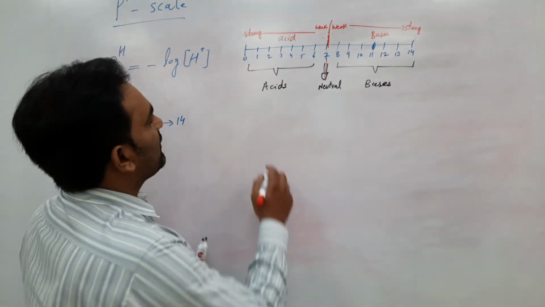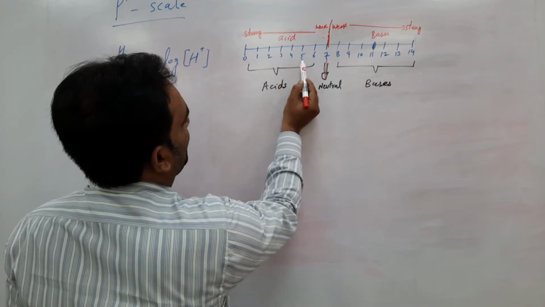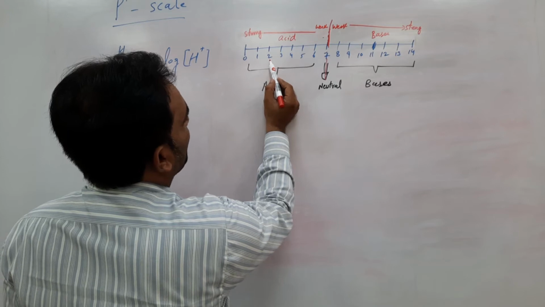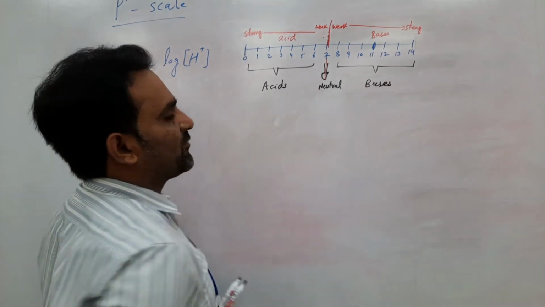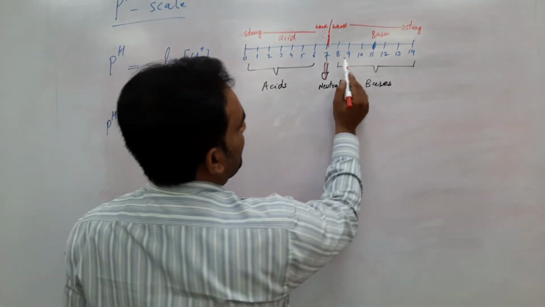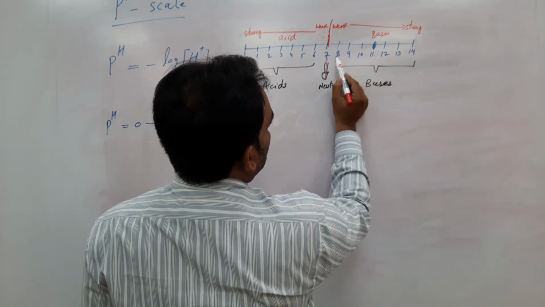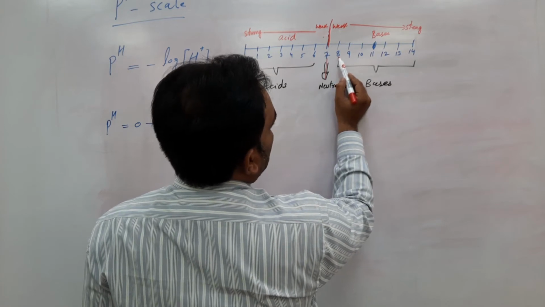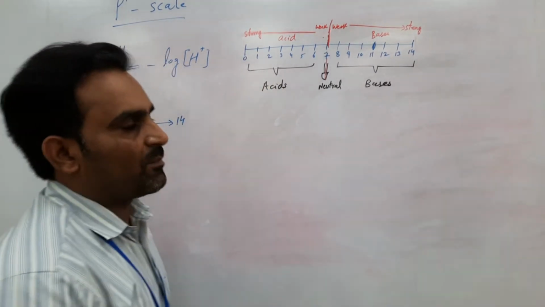If two solutions, one has pH 2 and another has pH 5, the solution with pH 2 will be the stronger acid, whereas the one with pH 5 will be the weaker acid. Similarly, here you have bases. The solution with pH 8 will be the weak base, and the solution with pH 13 will be the strong base.